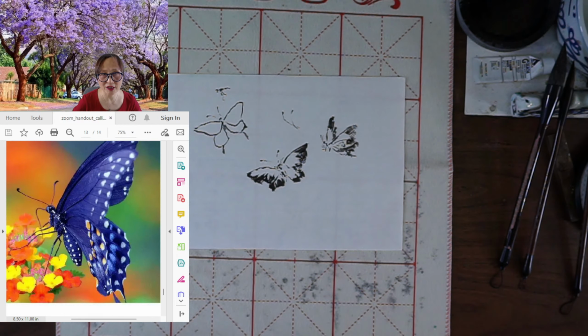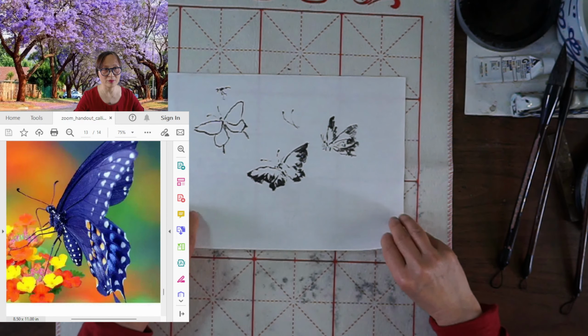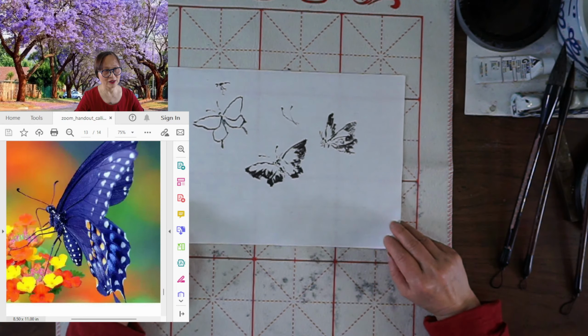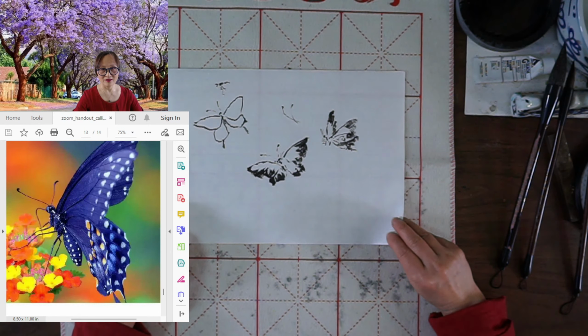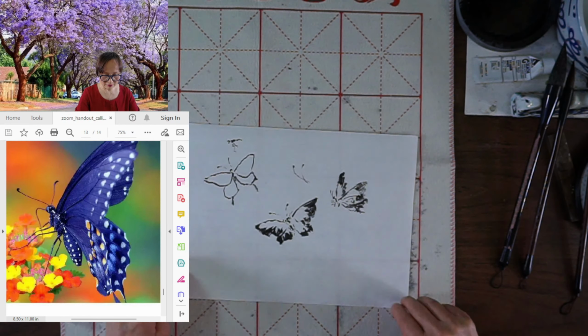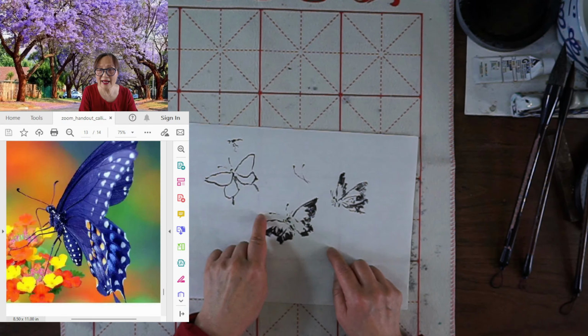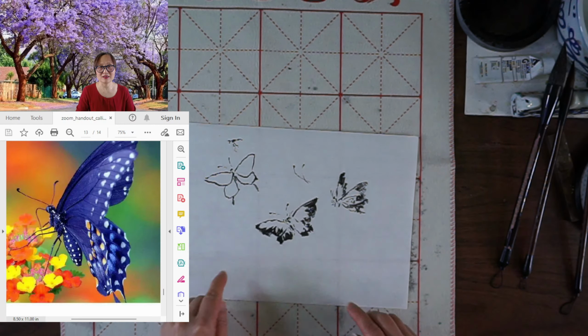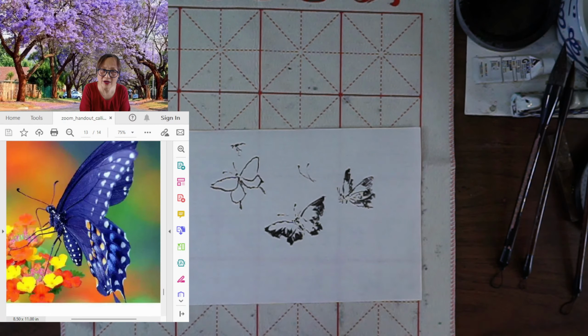Bring the color, and I will write on the handout, bring the color you want your butterfly to be, and also the small brush for the antenna, because you want it very fine.